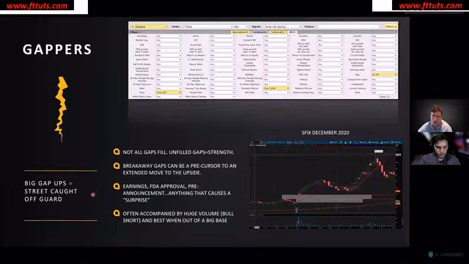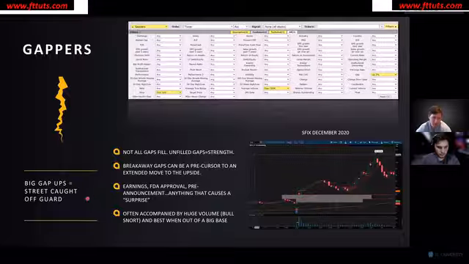Or maybe a short seller thought a company was going to zero, and then all of a sudden they surprisingly turn a profit, and that short's like, oh my God, and they've got to cover their shares quickly so the gap doesn't fill. Those are the types of situations you're looking for.